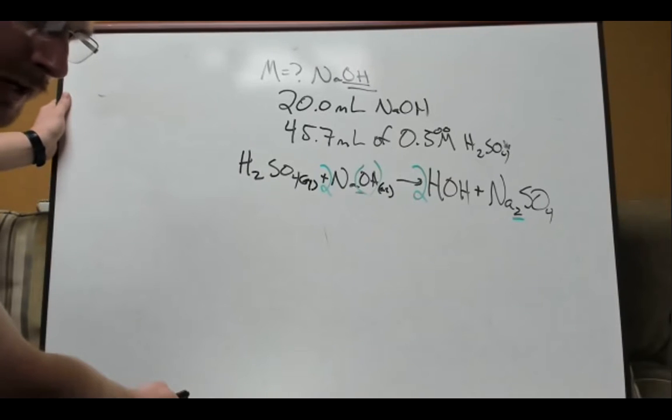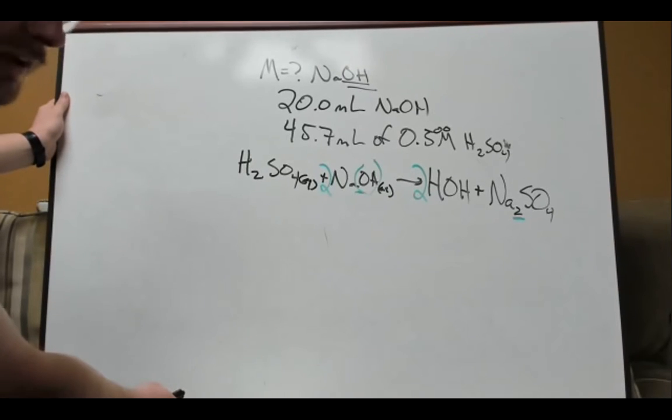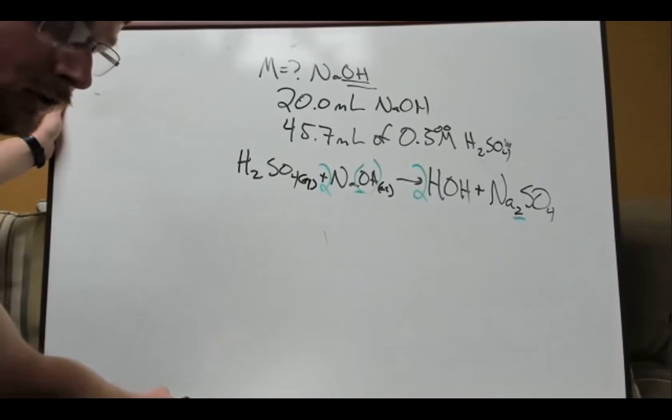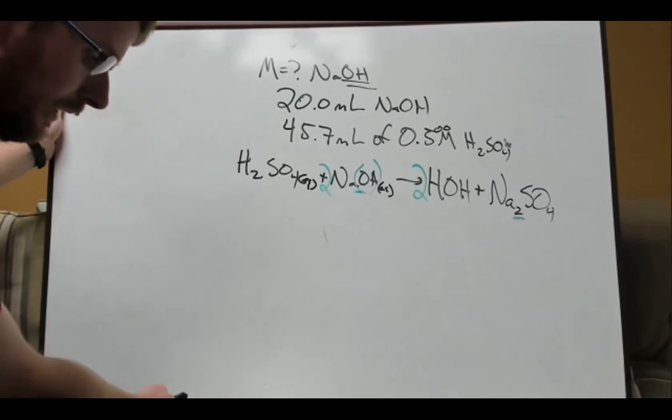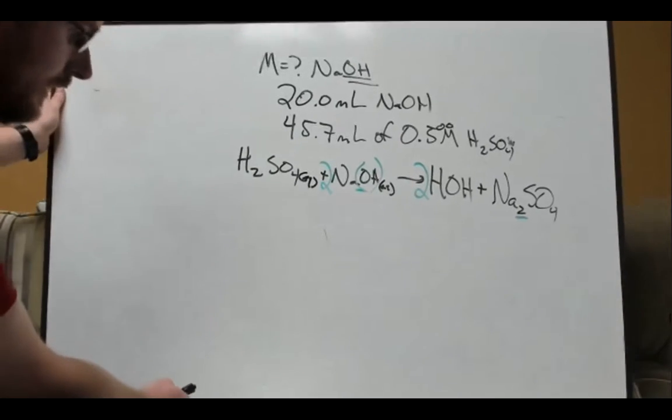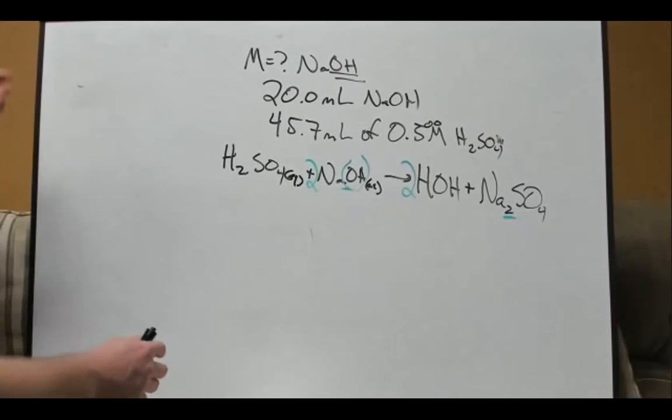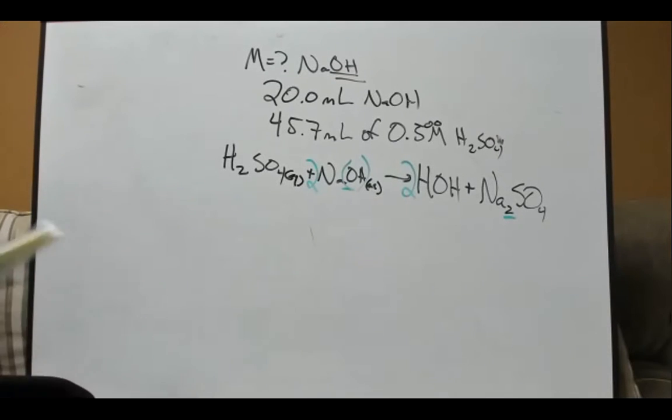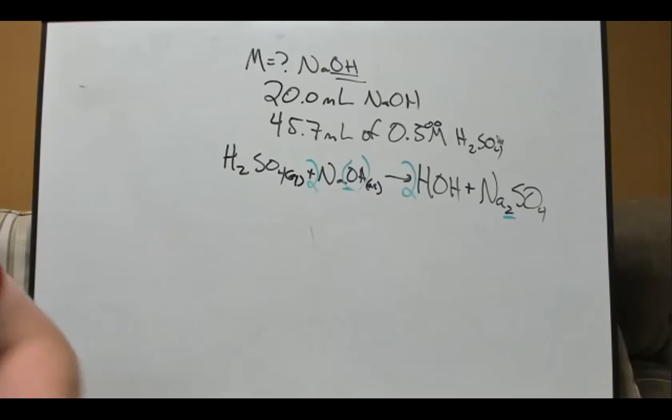And then use the molar ratio to convert that over to moles of NaOH. Use the volume and the number of moles to find the molarity, the concentration. And there is obviously a caveat in this question. Just to let you guys know, it has to do with the volume. So just be aware of your units, and beware of the units of the derived unit that we're using with molarity.